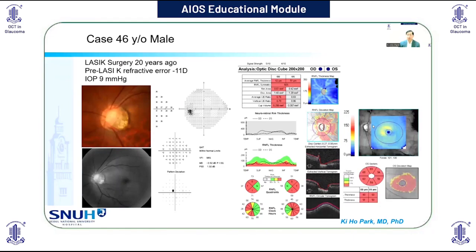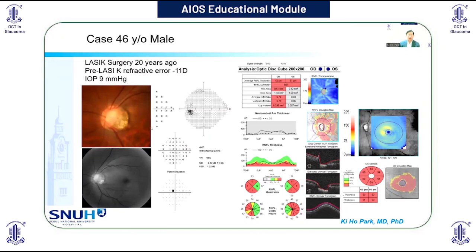In those high myopic eyes after LASIK surgery, the quality of OCT is poor. You can see the signal strength is 4. So in those poor OCT images, we cannot clearly say whether these eyes are glaucoma or not, and the temporal raphe sign was not clear as well.